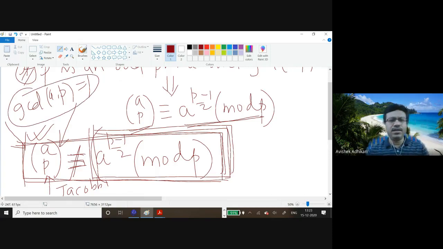Unless they are equal to 1, you cannot calculate the Legendre Jacobi symbol. According to the definition, GCD of A and P should be equal to 1 in case of the Legendre Jacobi symbol. So when you calculated this, at that time you had already checked whether this value is equal to 1 or not. So then what would be your conclusion?